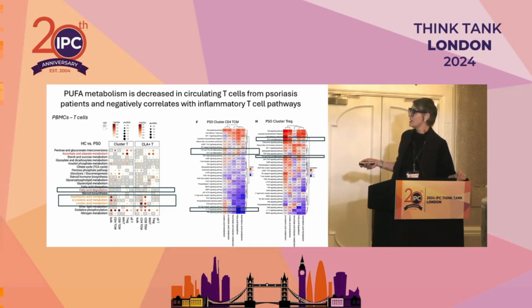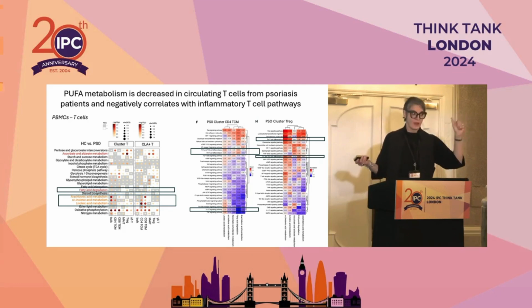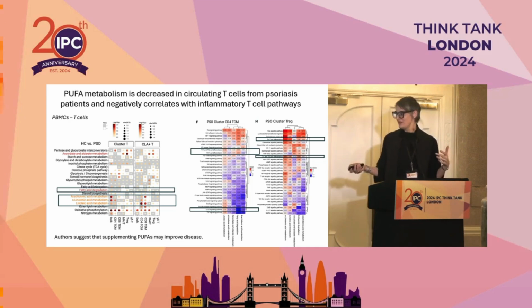Inverse, meaning decreases in linoleic acid in T cells was inversely related to the IL-17 signaling pathway, as well as Th17 and Th1 cell differentiation. So the less fatty acids, the more IL-17. Got it? And the same thing they showed in the Treg population. And so what they suggested was this audacious idea that supplementing polyunsaturated fatty acids might improve the disease.